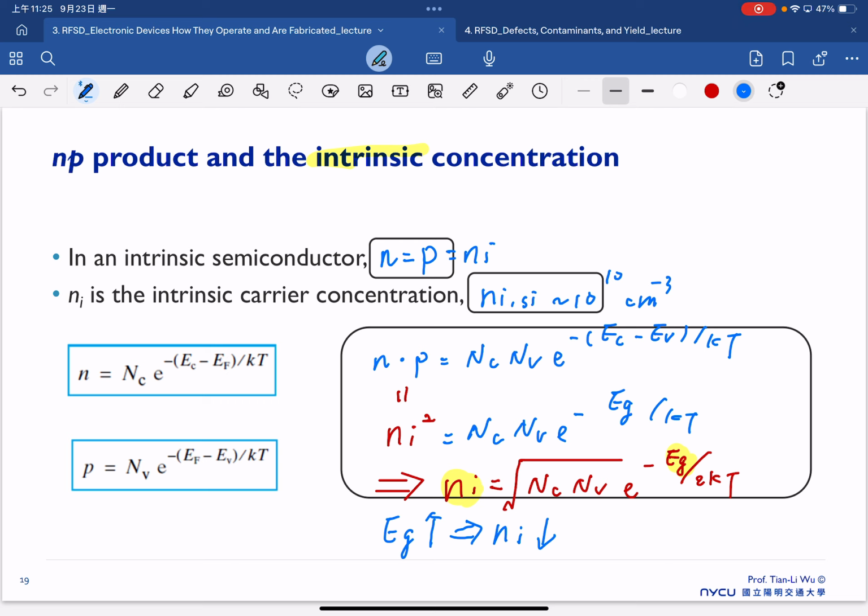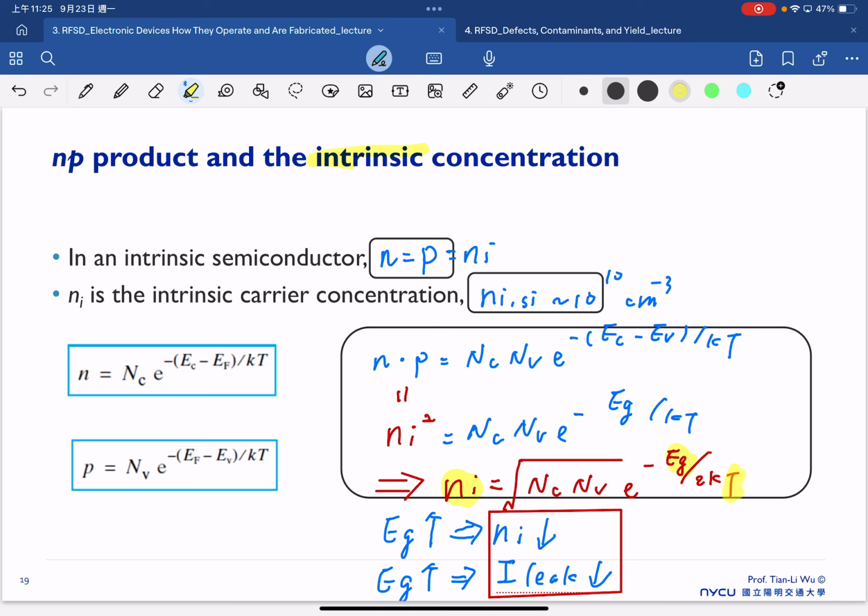And from the previous analysis of the band diagram, we already expect that if our Eg becomes larger, our leakage current is smaller.